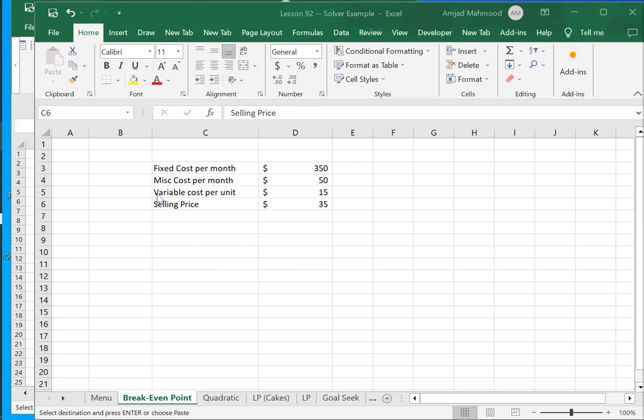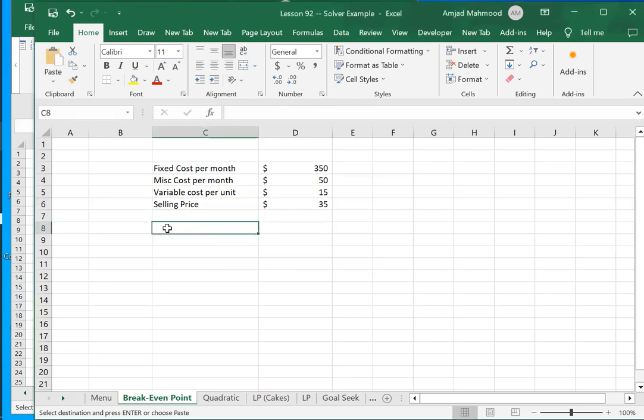So the units produced, or available for sale, are to be put here. We highlight it. So this is an input cell, right?